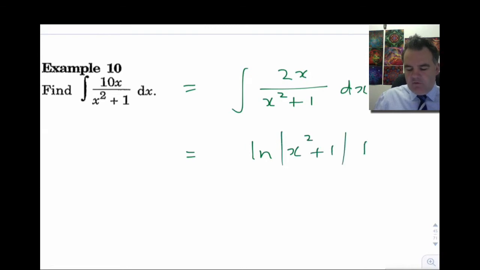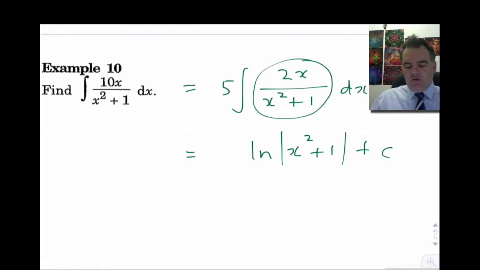I'm going to put in some absolute value signs in there for now. But we had 10x on the top, so I'll need to adjust for that by writing a 5 at the front. So write the integral that you want so the rule works, derivative over original, and then adjust it with a number at the front, so you've got the same as your original question. So there's my answer to that one.